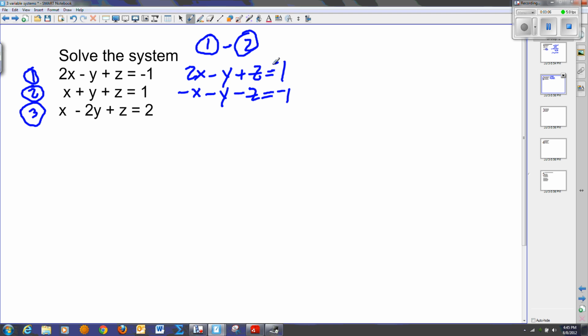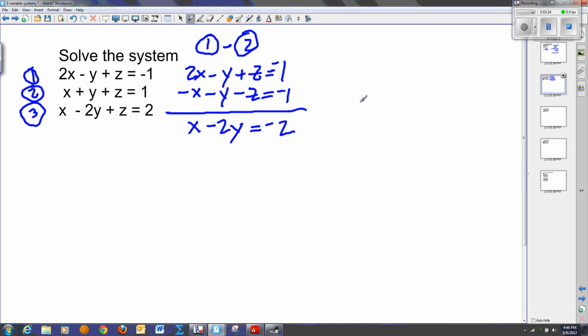Don't forget that negative on the top, or that'll kill you in the end. So I'm going to add these guys up, giving me an x here, negative 2y, z's eliminate out, and that's all equivalent to negative 2.